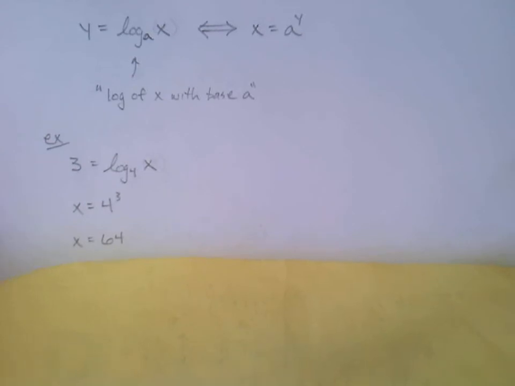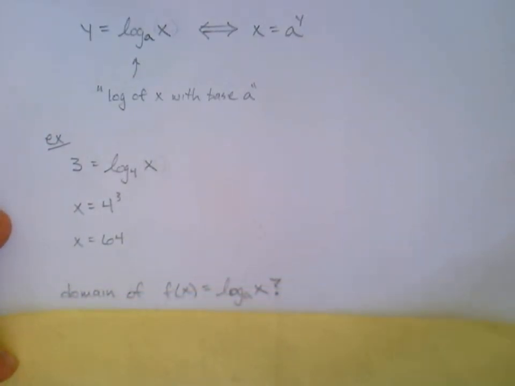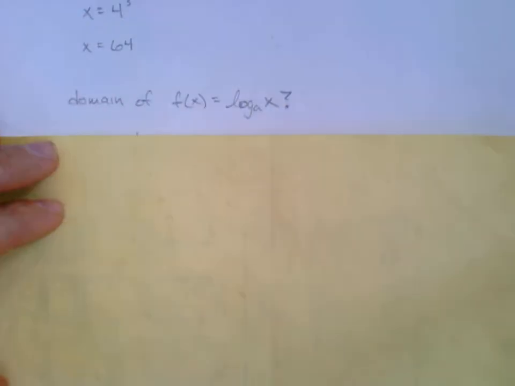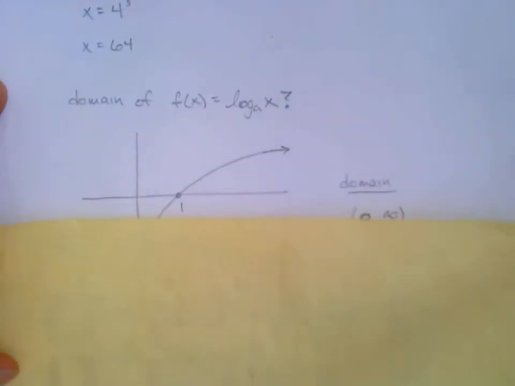All right. Another good question, very pertinent for us, is what is the domain of a logarithm? So if you think of it as a function, f of x equals the log of x with base a, it turns out any logarithm like that has the same basic shape and the same domain. Here it is.